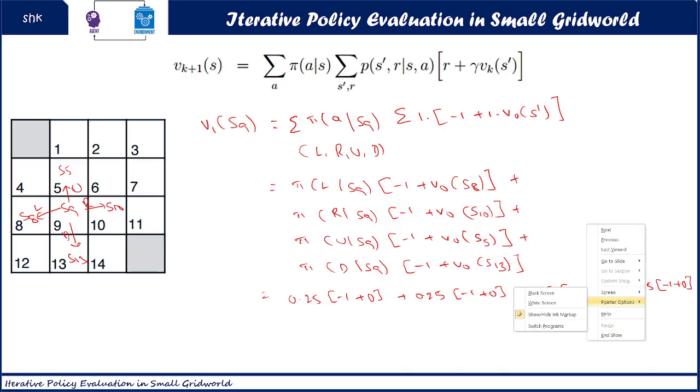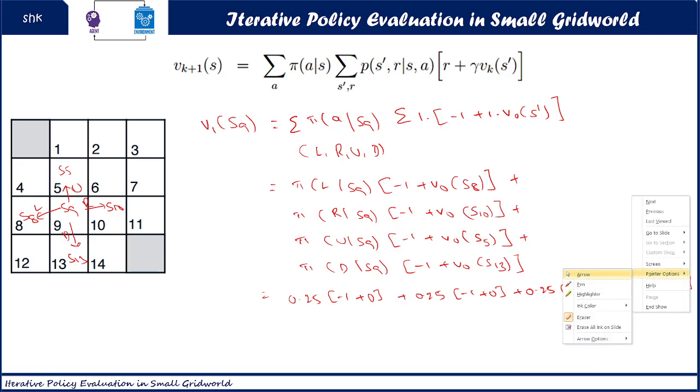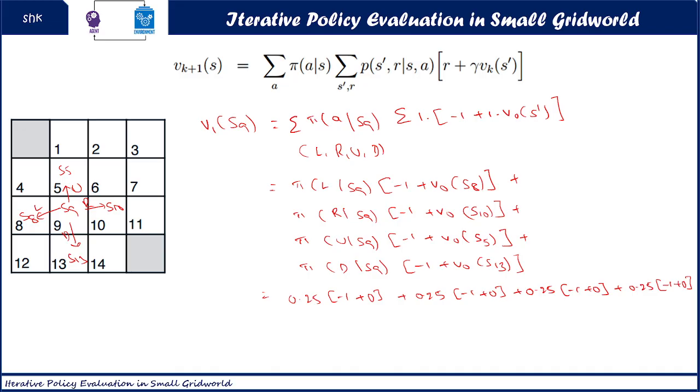Taking 0.25 as a common factor, we can rewrite this as 0.25 into (-1 -1 -1 -1), which is 0.25 into -4, which gives -1.